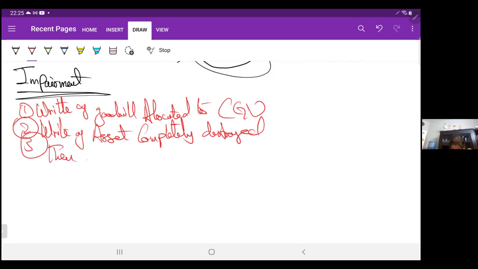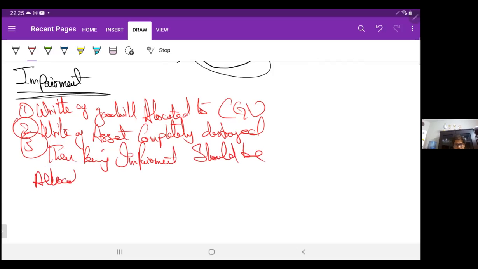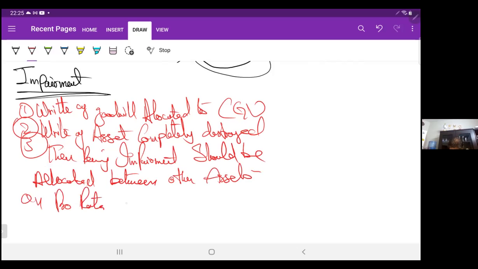Then the remaining impairment should be allocated between other assets on pro rata basis, right? Based on the carrying value of the asset in the unit.